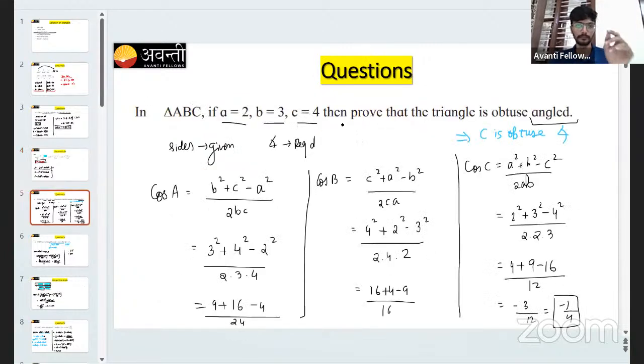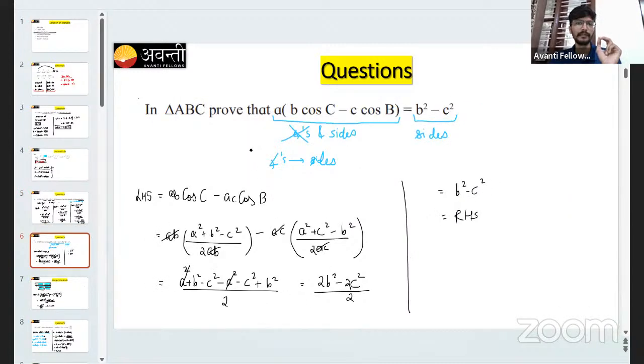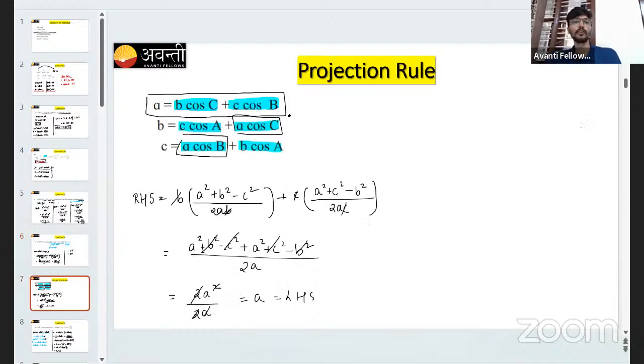Third one, the questions. Then we studied projection rule. प्रोजेक्शन रूल में क्या याद रखना है? मेनली हम लोग को पैटर्न याद रखना है.